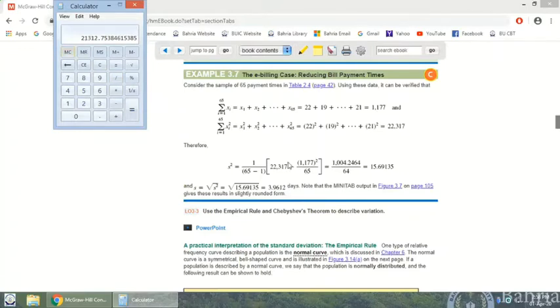So we got this value as 21312. Let me just do this again for you. Simply square this summation x, 1177 into 1177, and you get 1385329. Then you simply divide it by 65 squared for population standard deviation, but 65 into 64 for sample standard deviation and variance.